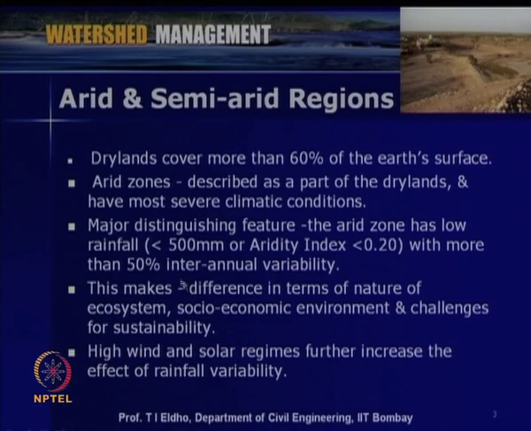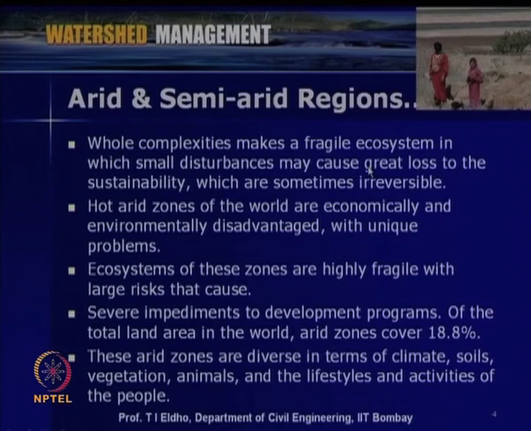Semi-arid region will be slightly more than 500 mm, maybe up to 750 mm average annual rainfall. But most of the time the issues related to arid or semi-arid regions will be similar in one way or another. With this perspective, let us look into various water related issues or land related issues as far as arid regions are considered.